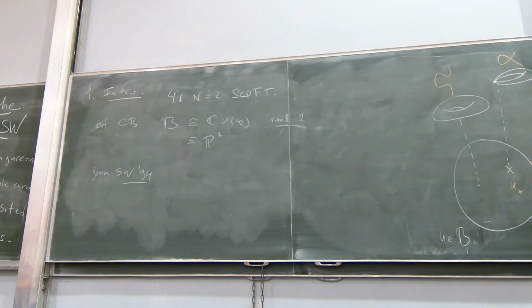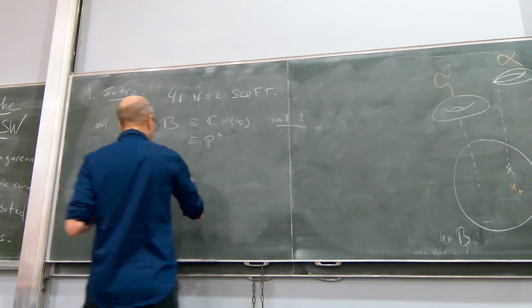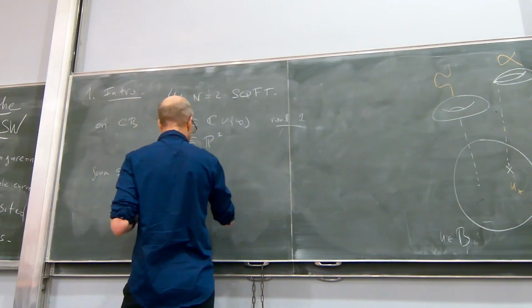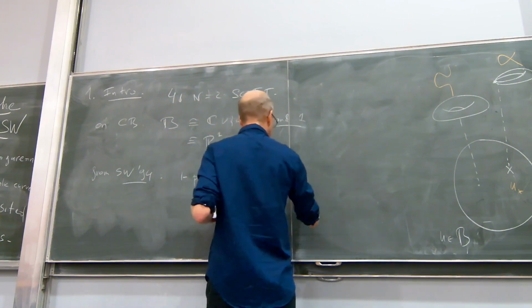This is my moduli space, one-dimensional here by assumption, and you assign to every point on the moduli space an elliptic curve, an auxiliary construct that helps us reconstruct all the low energy data of the physics. So mathematically, what we're interested in is a one-parameter family of elliptic curves.